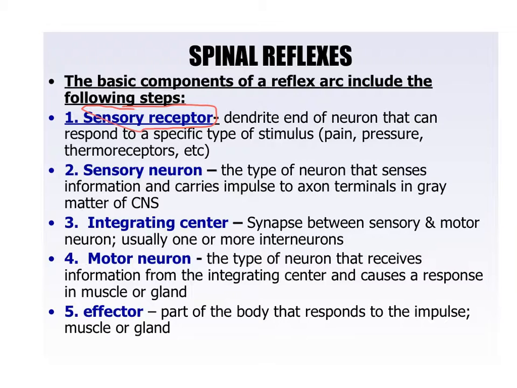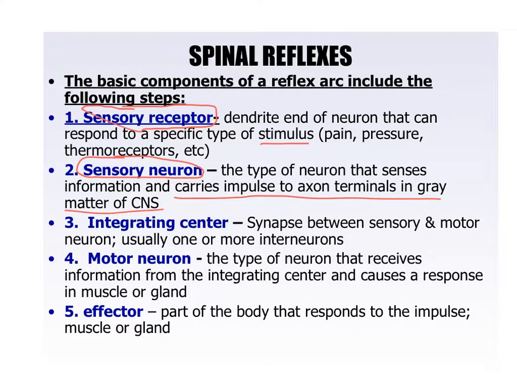Doesn't matter, but some sort of sensory receptor senses some sort of stimulus that requires an immediate response. Well, that sensory receptor is connected to a sensory neuron, and that's going to carry the impulse to the central nervous system or the spinal cord.